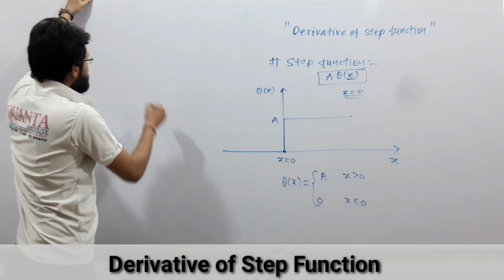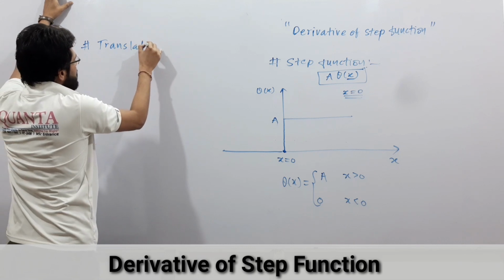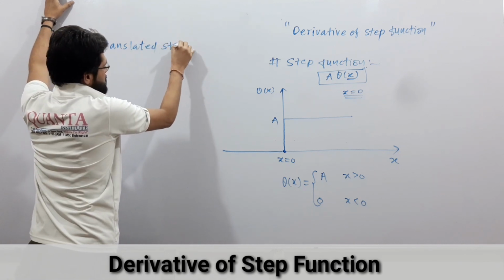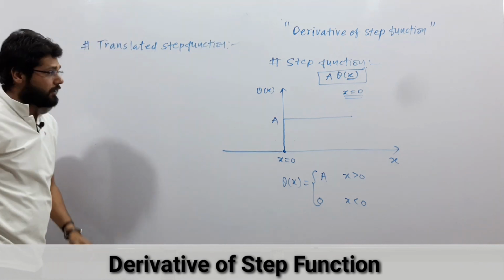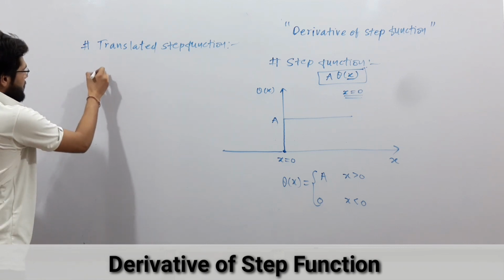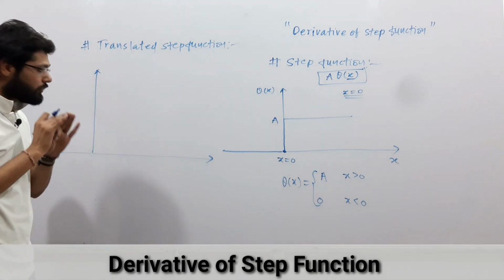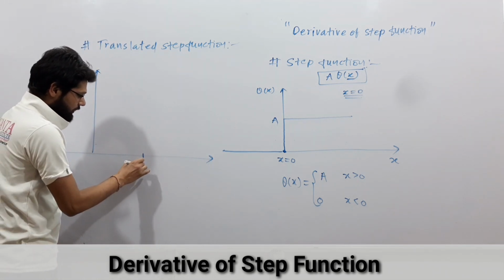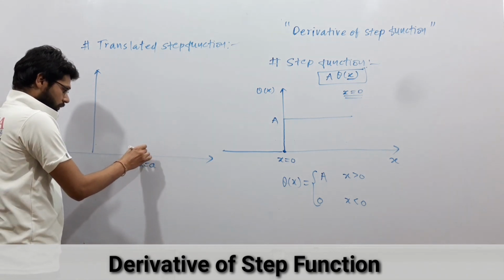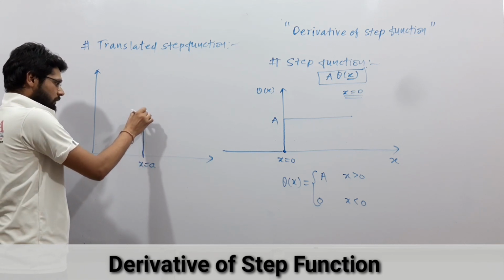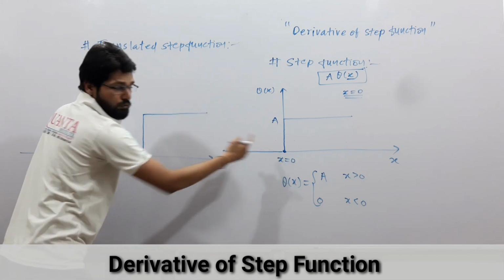Clear? And sometimes we talk about the translated step function. Translated means it will be defined at some point a, not at x equal to 0. It does the same thing at x equal to a that it was doing at x equal to 0.